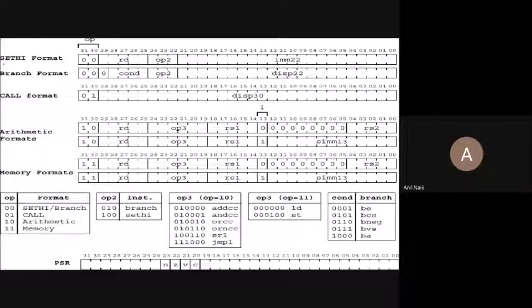First is set high, as the name indicates, the set high format. Here you can see it starts from 0, a total of 32 bits, the size of the instruction.